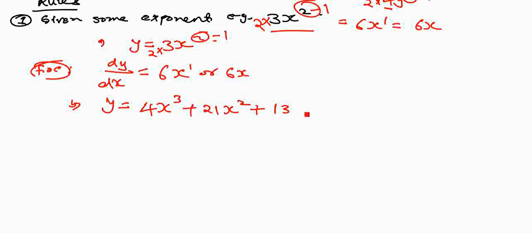So let's assume that we want to do dy dx and d squared. In short, we want to do the first order condition and the second order condition.